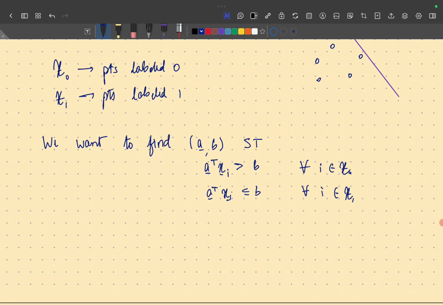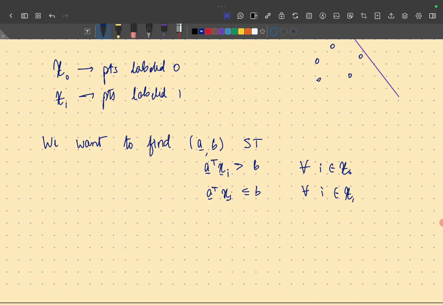Are we limited to only one hyperplane? Can we have k hyperplanes? There could be multiple hyperplanes. If the points satisfy the conditions for two hyperplanes, then it's 0. You can have a polytope.